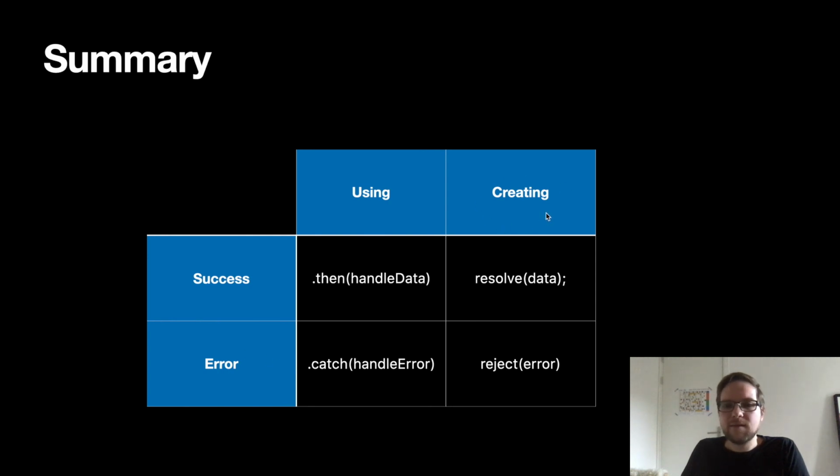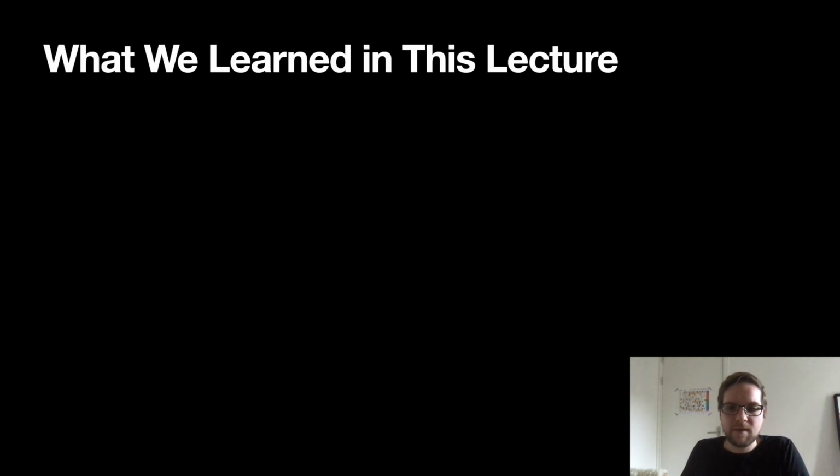If we are creating a promise, then we need to call the resolve function to resolve the promise, and this will call the then of the user who is using the promise, and we call reject if there's an error and we want to reject the promise, and the user will go to the catch. This nice table is just a quick summary of what we learned.